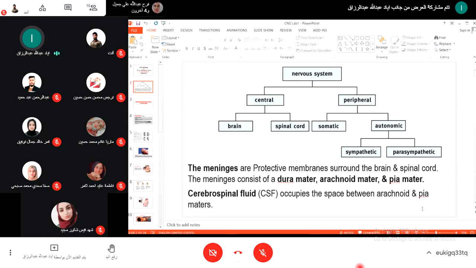So you do not forget, you can remember that pia starts with the letter P and proximal also starts with P, and you can abbreviate it as PAD: P for pia mater, A for arachnoid, and D stands for dura mater. A special type of fluid called the cerebrospinal fluid occupies the space between the arachnoid and pia maters.